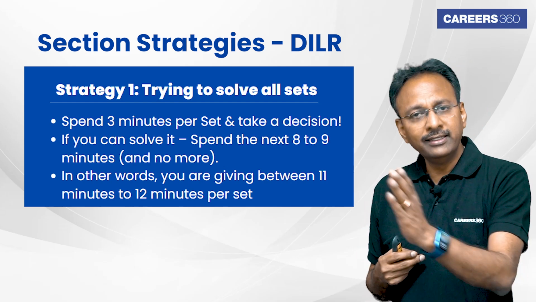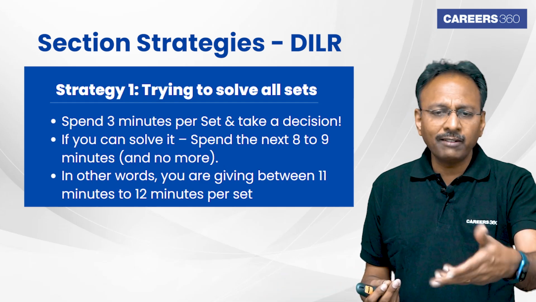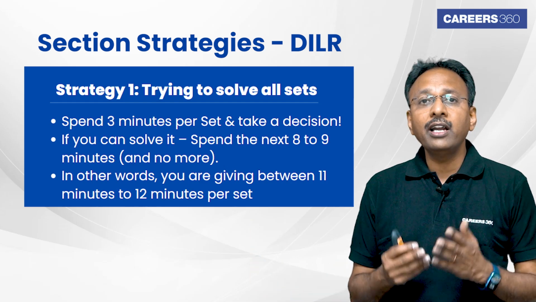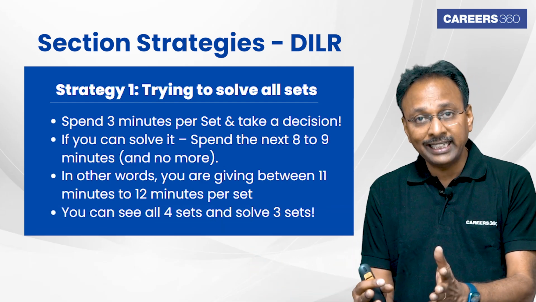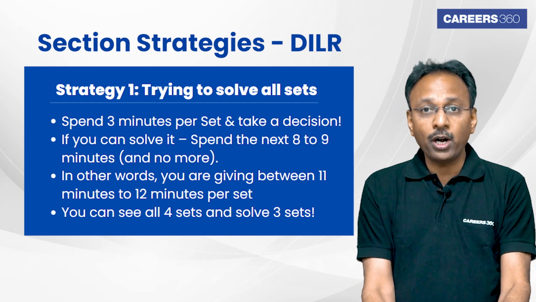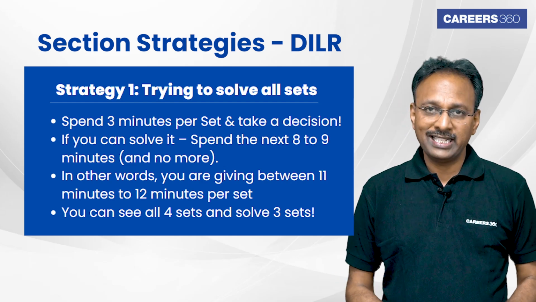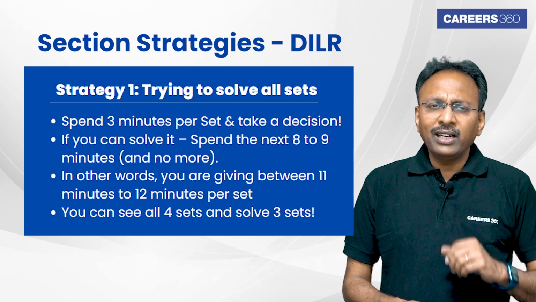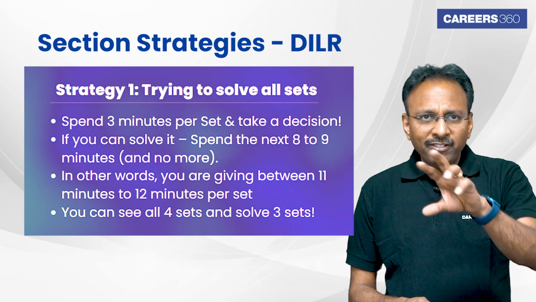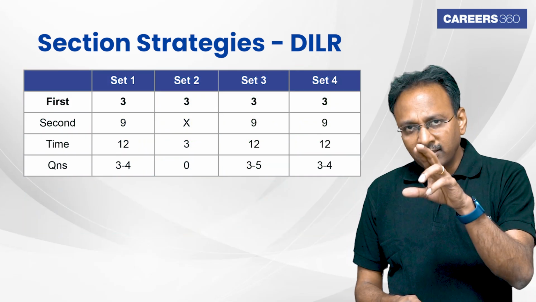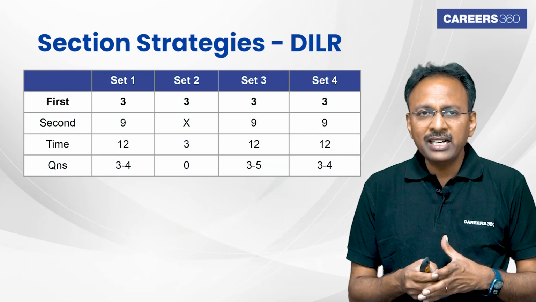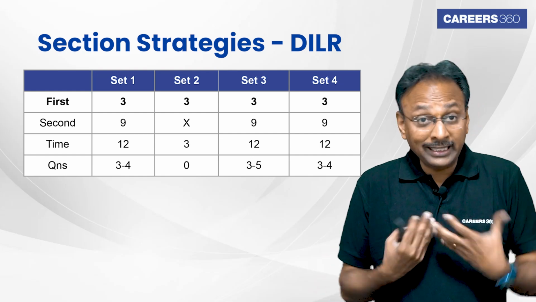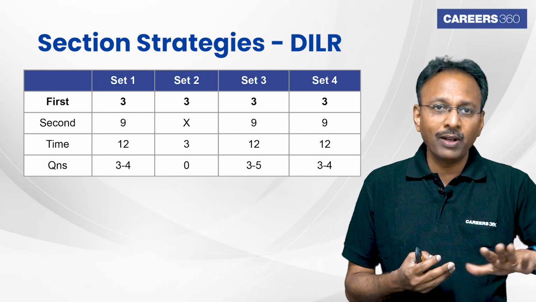Then the next set, then the next set, probably the 4th set. Somewhere in between you will skip one. You are in a position probably to solve 3 sets, but more importantly, see all the 4 sets. Very quickly look at it, the way the table I've given you. You spend 3 minutes, then yes, I can solve the first set, I'll spend 9 minutes, 12 minutes.